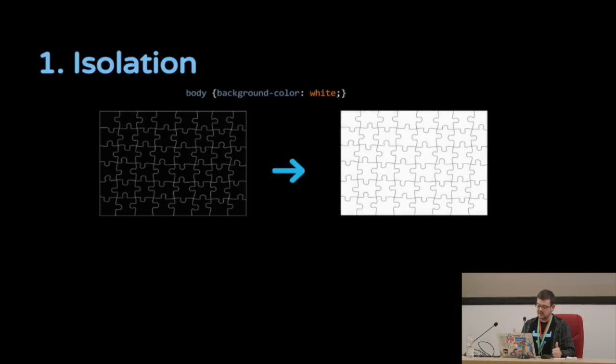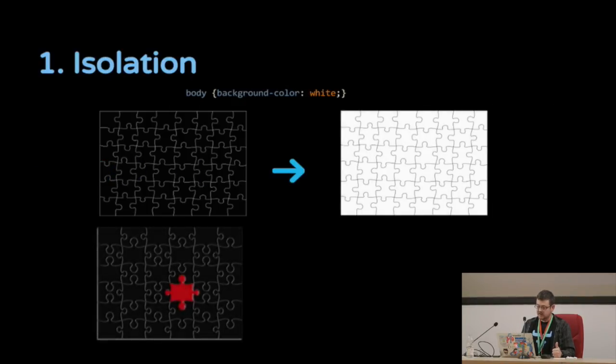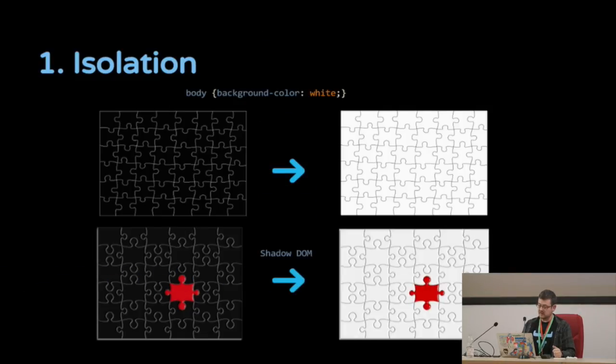The main characteristic of the web component is isolation. The web component creator can guarantee that his web component is going to be the same always in any context. Right now, if you change the body background of your application, maybe all the components in your UI can suffer.